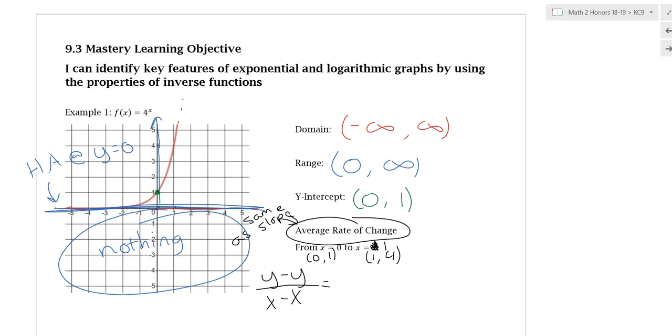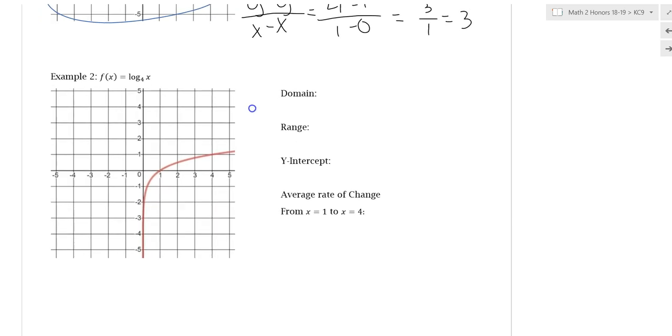So y minus y, we take 4 minus 1 over 1 minus 0. 4 minus 1 is 3. 1 minus 0 is 1, which equals 3. And that's it.